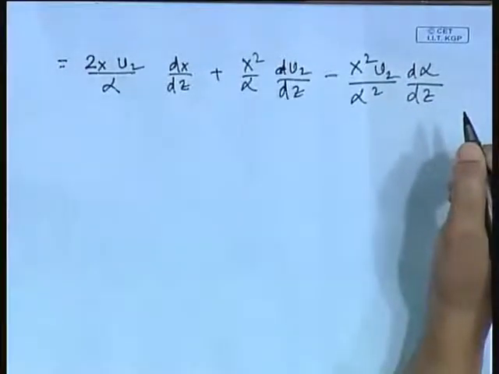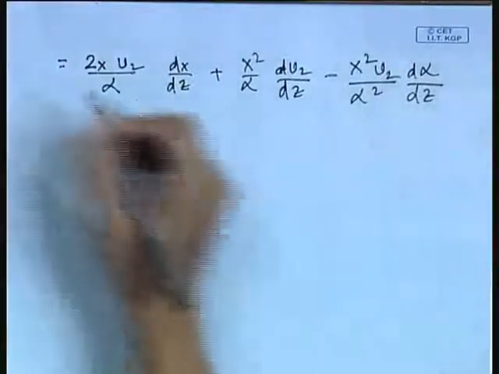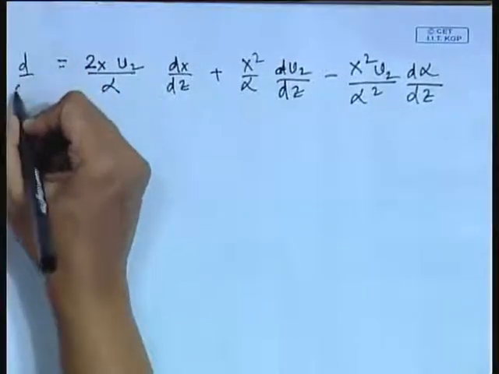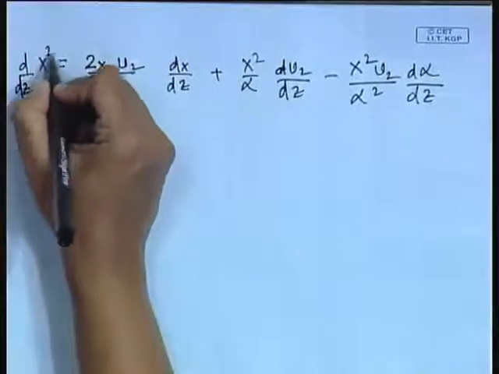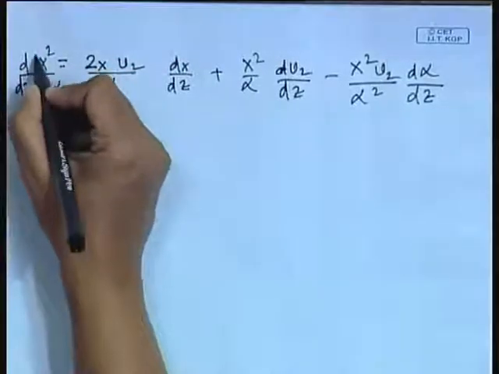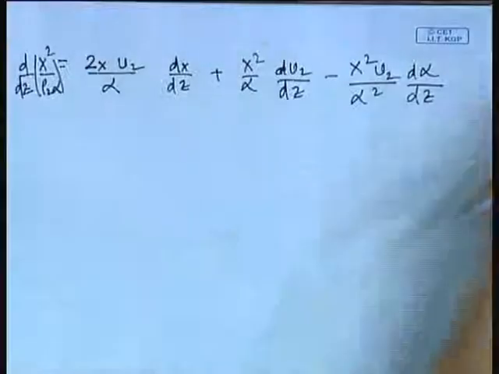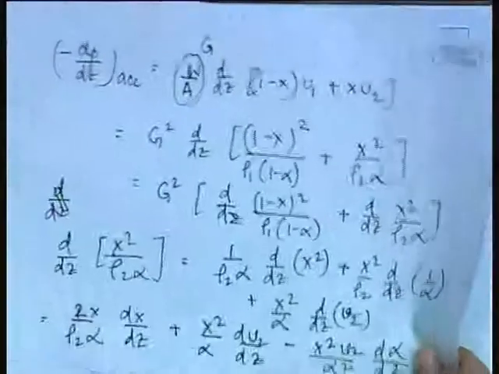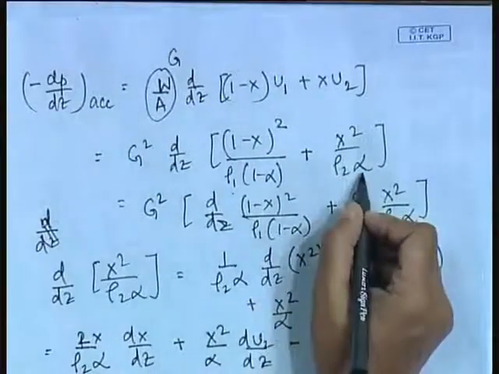Fine, just the thing which I had derived. Agreed? This is equal to, I should write, d dz of x square by rho 2 alpha. Fine. So, this was one particular term in the acceleration pressure gradient.